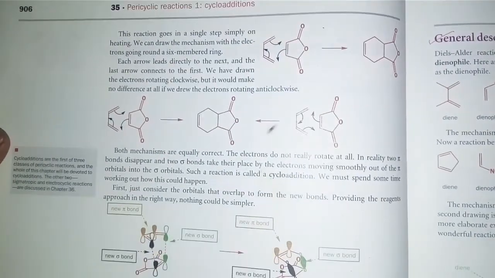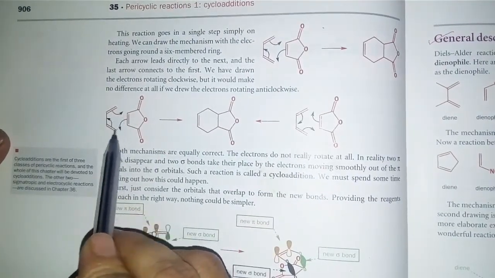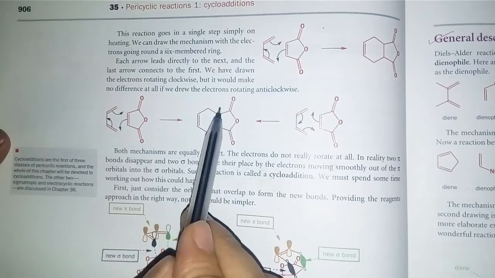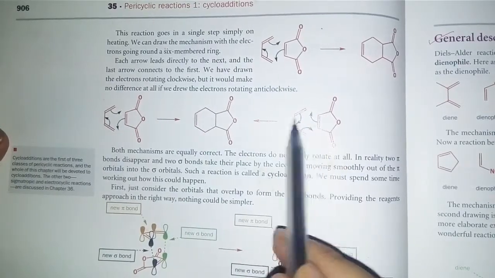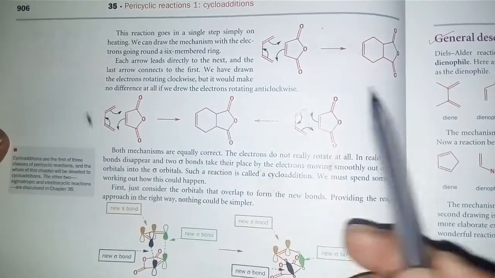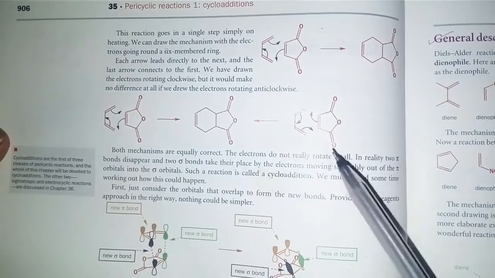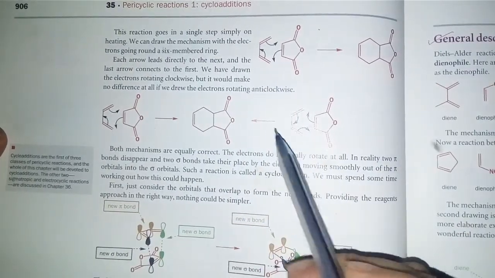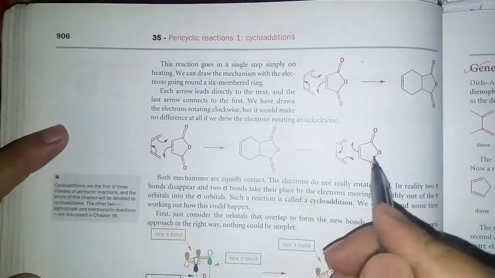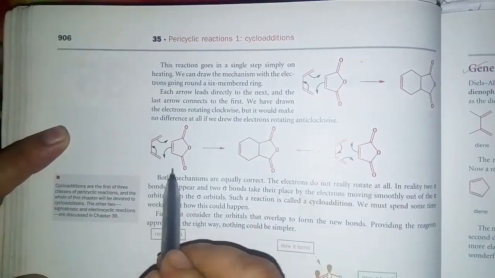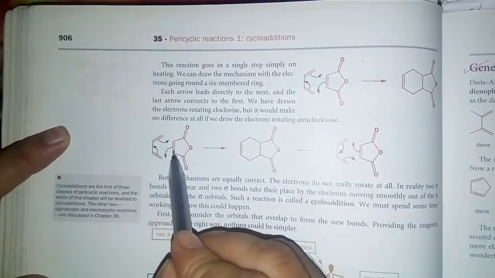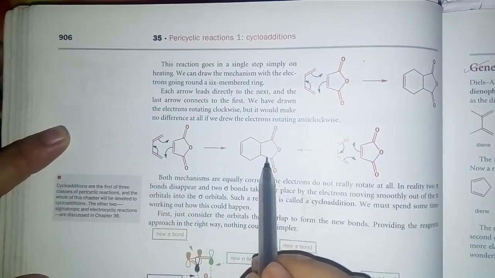See here, this is clockwise direction, so you will get this part, and if anti-clockwise direction, you will get this part. Whether anti-clockwise rotation or clockwise rotation, the products are the same.